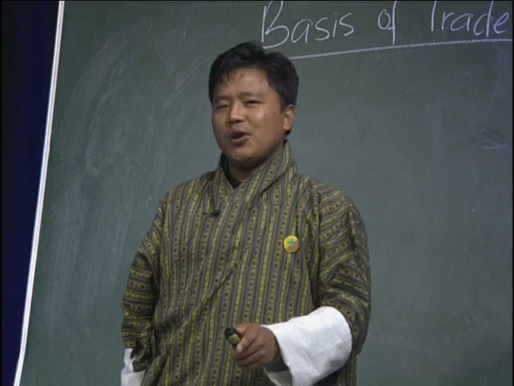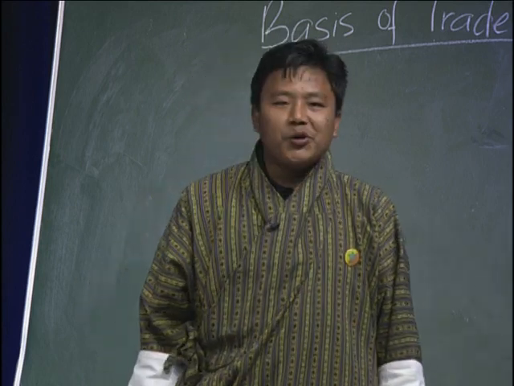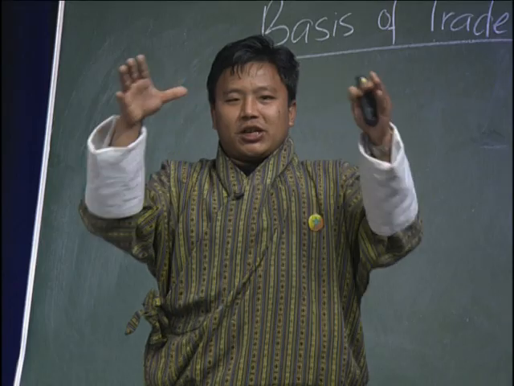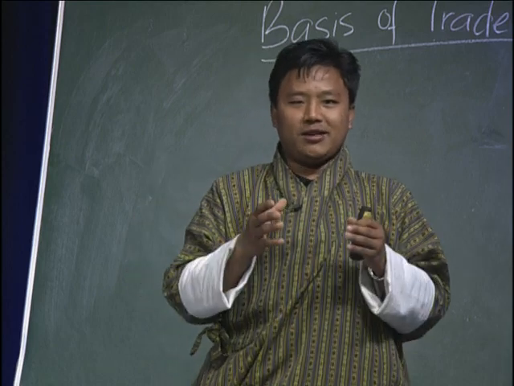And also you should be able to calculate the comparative cost theory with the help of opportunity cost and relative productivity ratio. Hope you got the general ideas about what we are going to learn today, right?